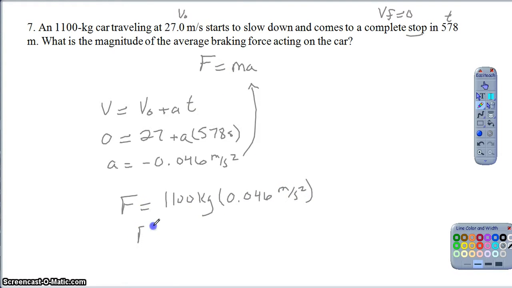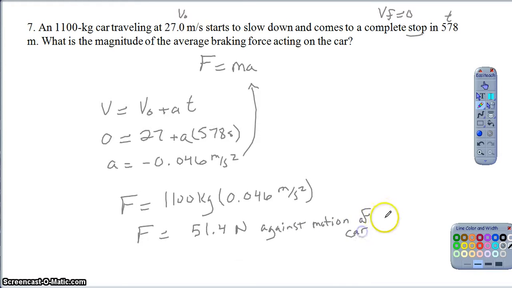Right, so again, just calculating this, 1100 times 0.046, I get about 51.4, and again that's in newtons, and I'm just going to say against the motion of the car, because I know that the car is slowing down, so it's working against the motion of the car.